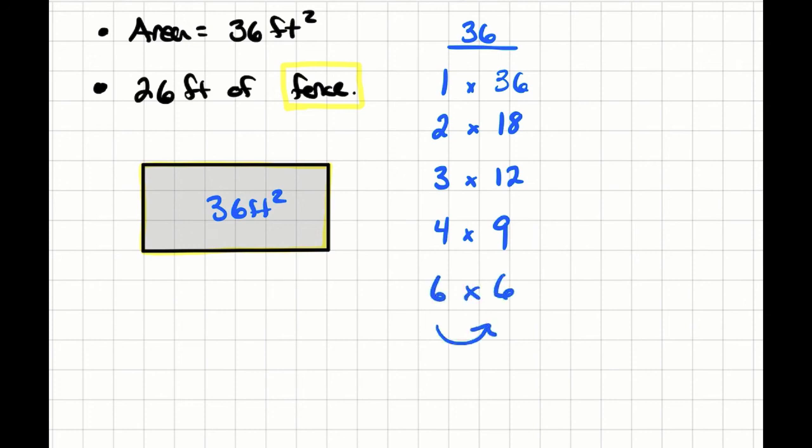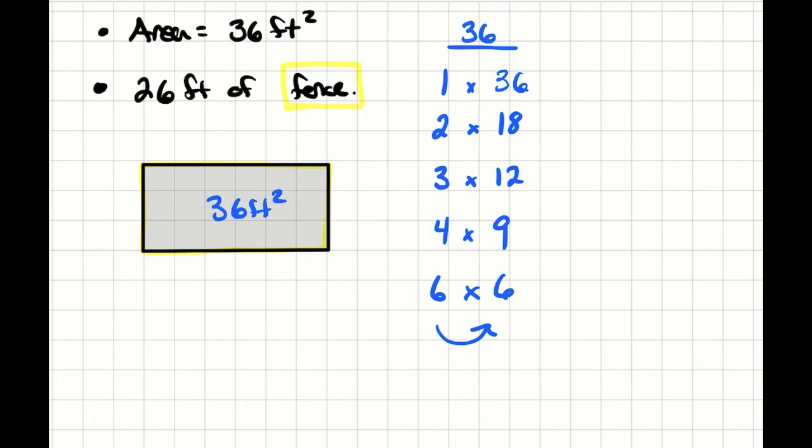And once it curves back around, we have 6, 9, 12, 18, and 36. So once it curves back around, then we're good to go. We've found all of our major multiplication factors here.